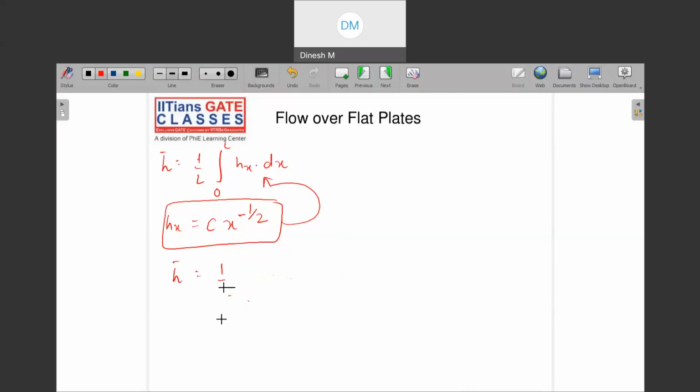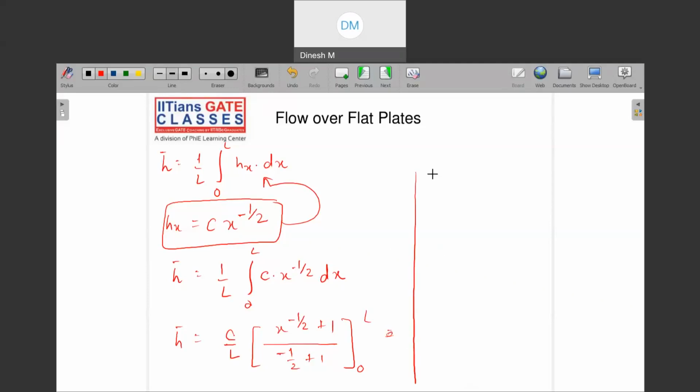You integrate it, right? x to the power minus 1 by 2 plus 1 upon minus 1 by 2 plus 1, and limit is 0 to L. And then when you put this in, you will find out that h bar value is now equal to C upon L multiplied by x to the power minus 1 by 2 plus 1, this is plus 1 by 2 root x, yes or no?